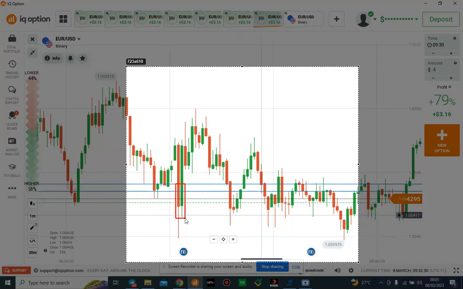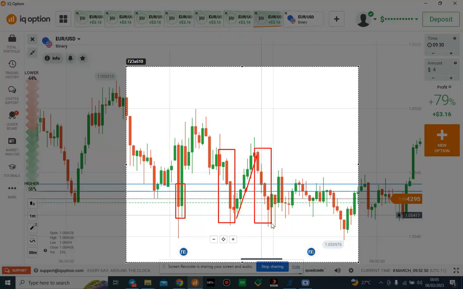This is a false breakout. Okay, we have this breakout here. The market is supposed to retrace back to this zone, but fortunately sellers are not interested, so the market went through it, closed above, price above.